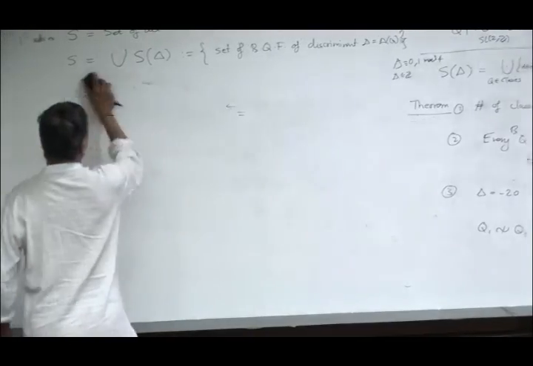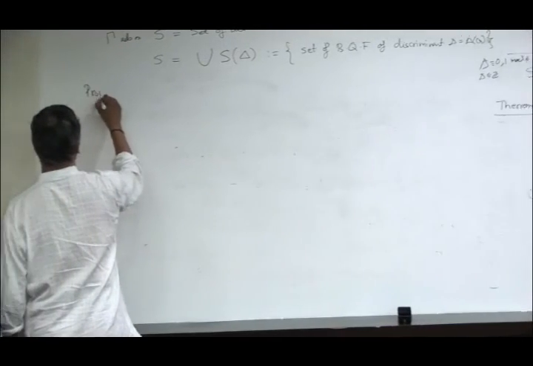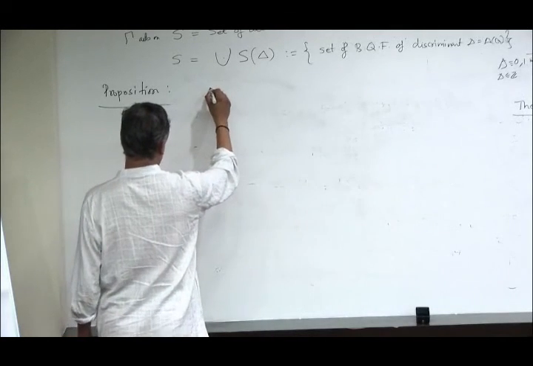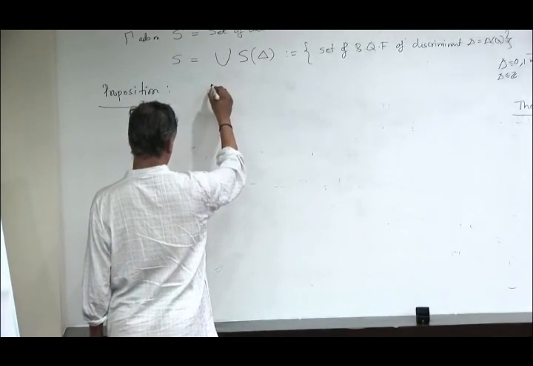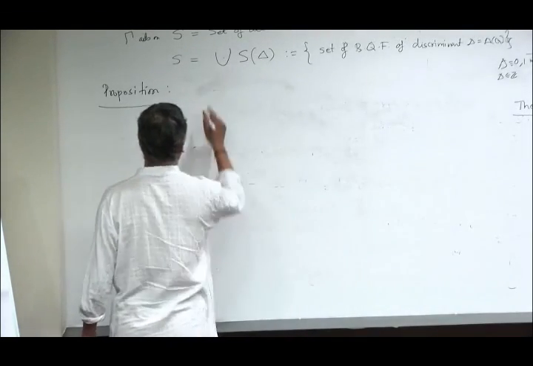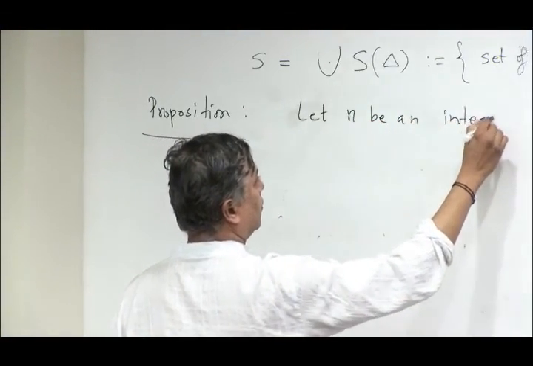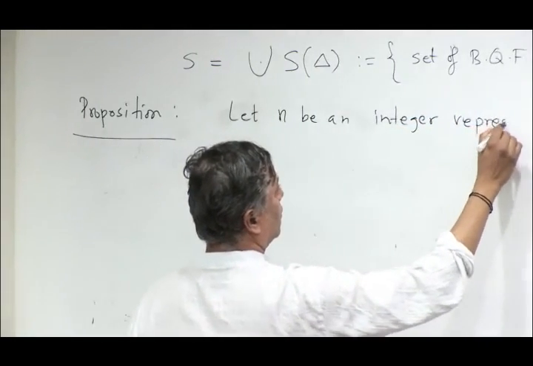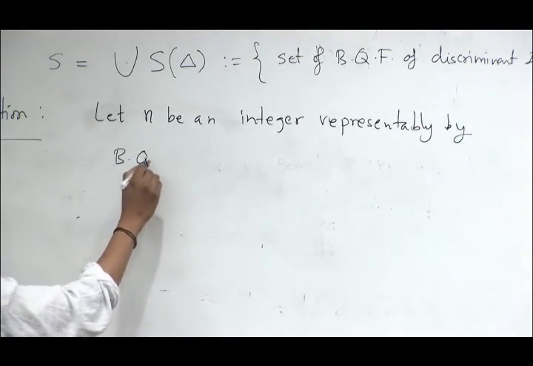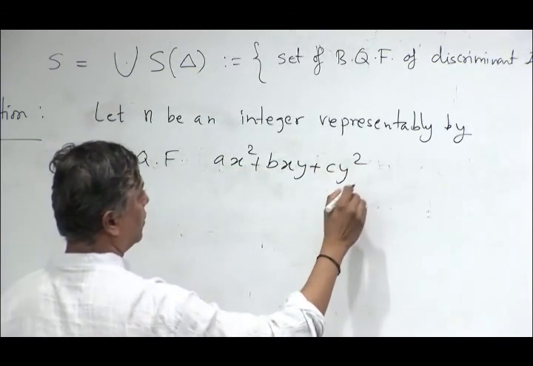Okay, this equivalence gives you a very interesting proposition as follows. Let n be an integer representable by some binary quadratic form q, ax² + bxy + cy².